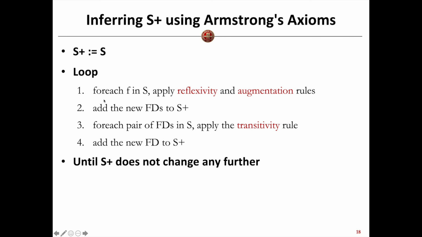We try each FD inside S, and we apply the reflexivity and augmentation rules in Armstrong's axioms to augment the set, adding the new FDs to the closure of S. For each pair of FDs in S, we can also apply the transitivity rule to create some new FDs to be added into the S closure. We keep updating the S closure until it doesn't change anymore. In this way, we can calculate the closure of the FDs. This is about the closure of FDs based on Armstrong's axioms.